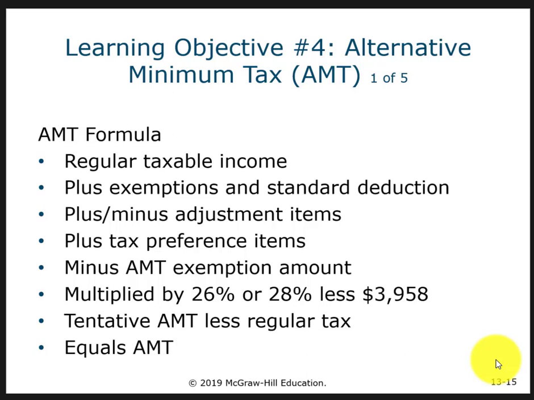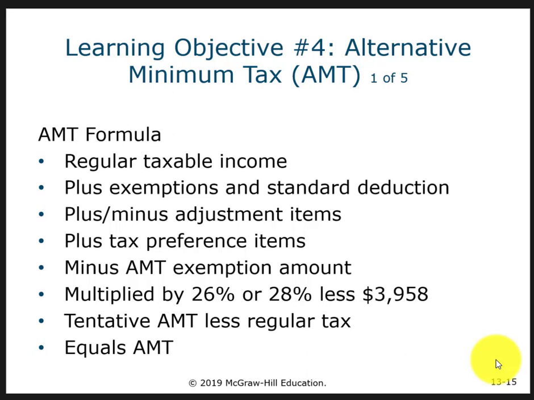So how do you go through this process, this separate calculation, if you will? Well, you start with regular taxable income, and you see the formula on the slide. Then you don't count the standard deduction or any exemptions from past years. Then there are some adjustment items, some tax preference items.